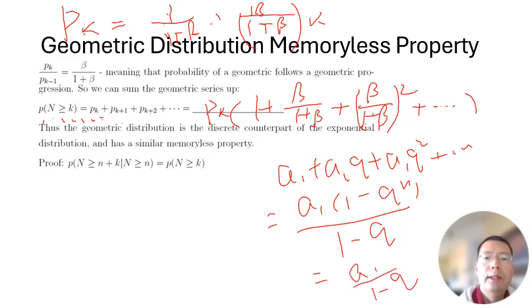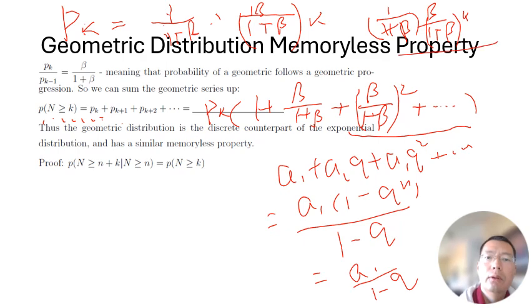So if we apply this formula here, the first term p_k is 1 over 1 plus beta times beta over 1 plus beta to the k, and this part will just become 1 minus q.